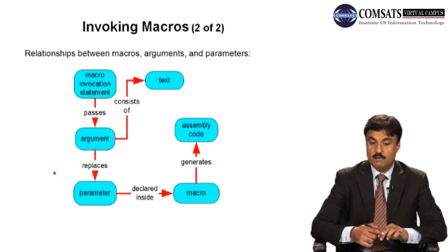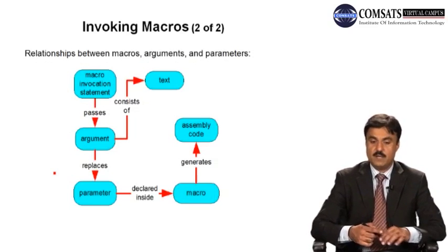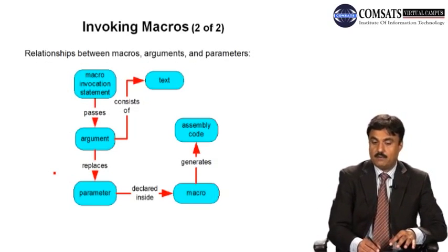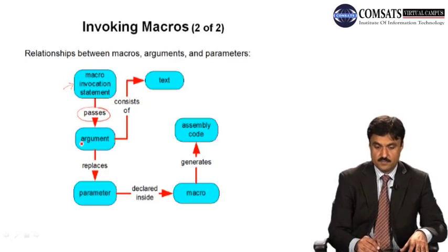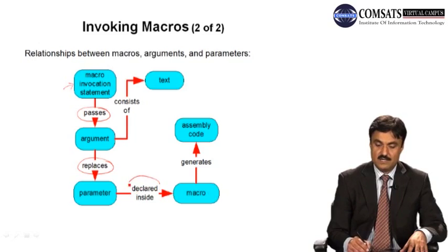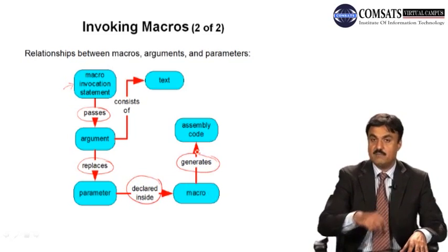This is the relationship between the macros, arguments, and the parameters. You can see the macro invocation statement. When we invoke it, it passes the arguments to the macro, and the arguments are replaced with the parameters. These arguments are considered as nothing but text, and these parameters are declared inside the macro, and the macro generates the assembly code.